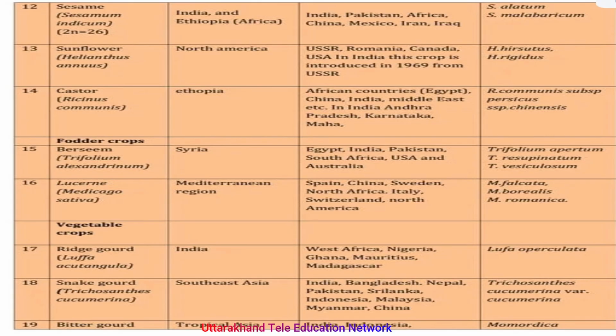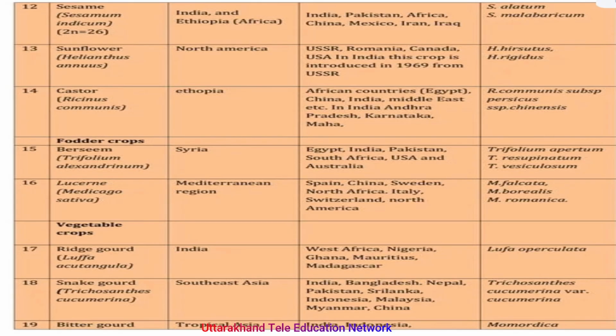Next plant is sunflower, and center of origin is North America and widely distributed in USA, Romania, Canada, India, and USSR.